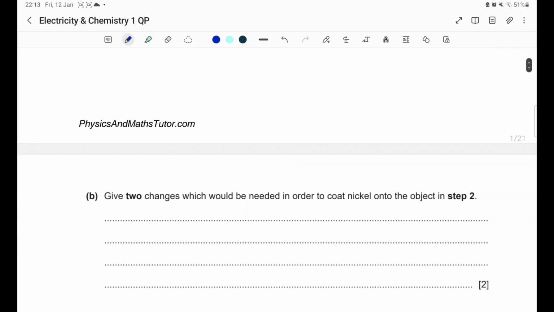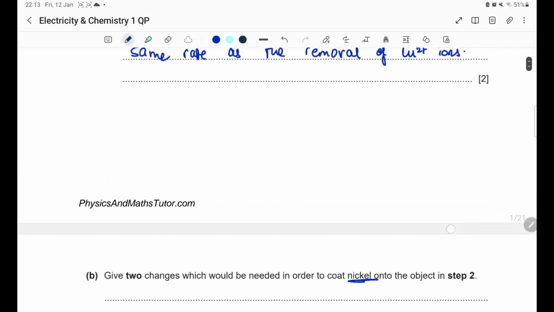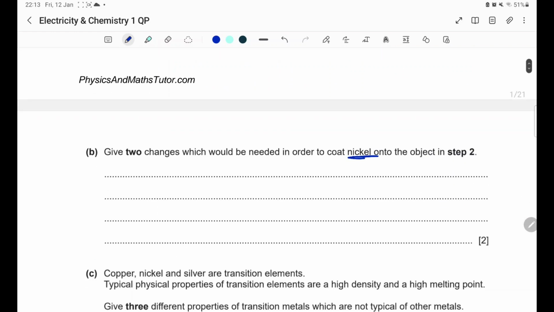Give 2 changes which would be needed in order to coat nickel onto the object in step 2. So there are 2 conditions that we discussed for electroplating, and that is that, 1, your electrolyte needs to be a salt of the metal that you want to plate onto the object.